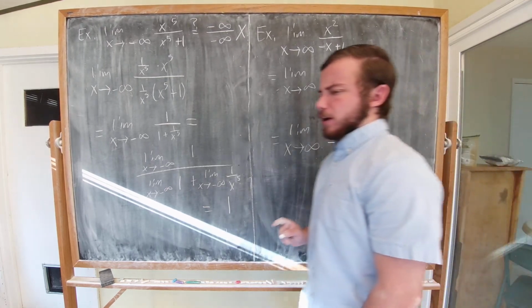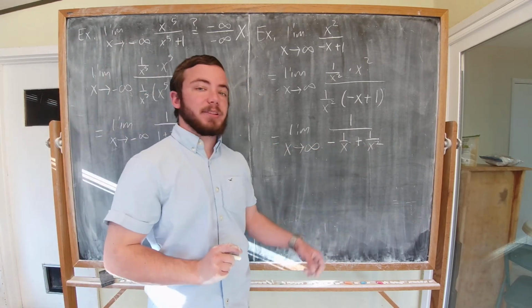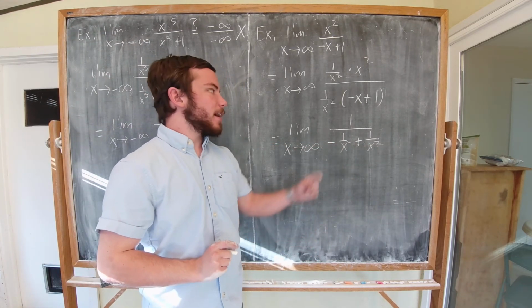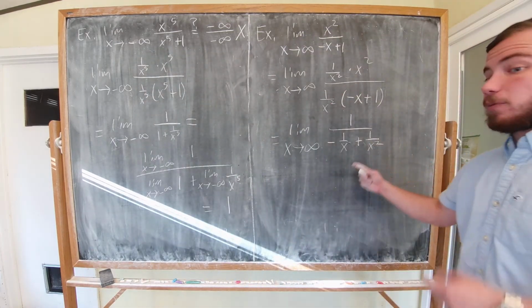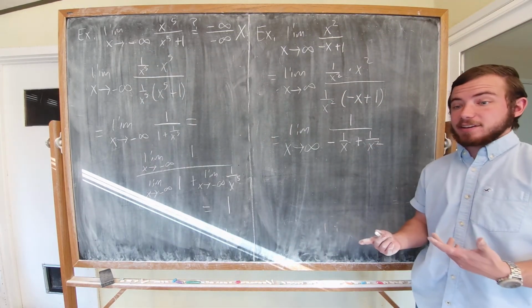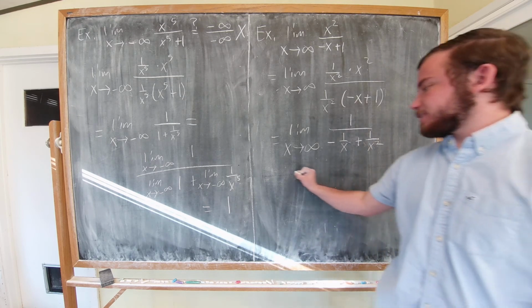Okay, so what's going on here, right? If I tried plugging in infinity, I'd get 0 plus 0. And I'd have a constant on top. So we have a constant over 0. We can't divide by 0. That's bad. How can we quantify this? Well, really, this doesn't exist.